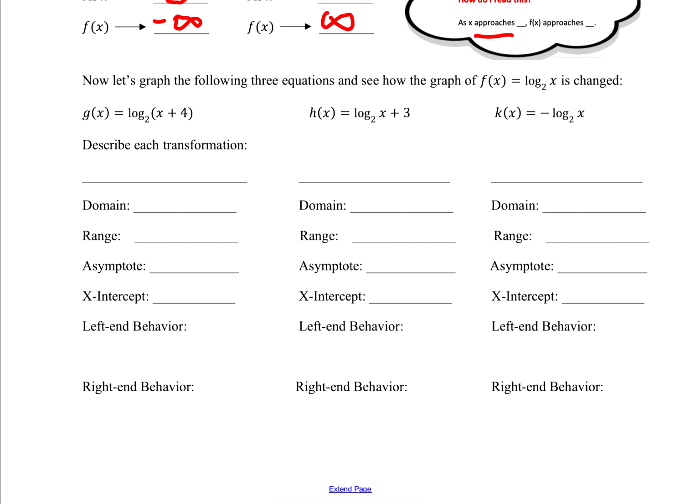I want you guys to take a minute or two, and I'll see if you guys can describe how each transformation is changing from its parent function or the original equation, if you want to think of it like that. How is each graph, so g of x, h of x, and k of x, changing from f of x? Take a minute, pause the video, and see if you can think of how it's going to change.